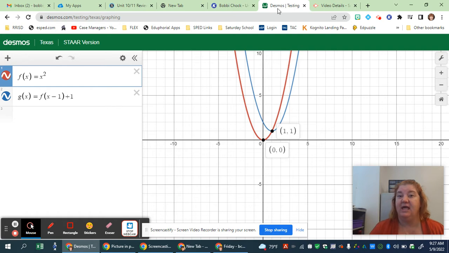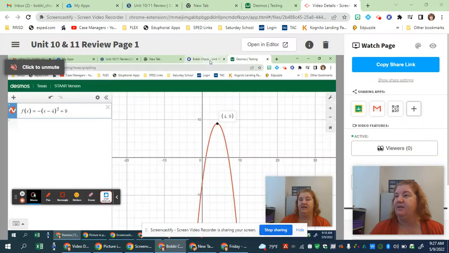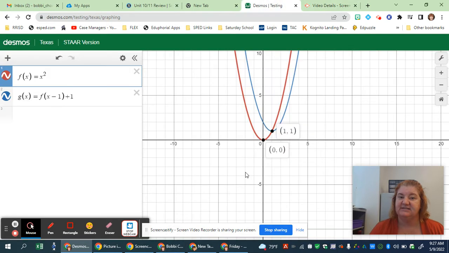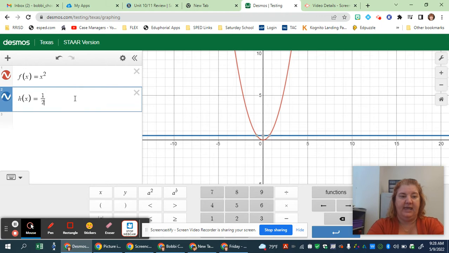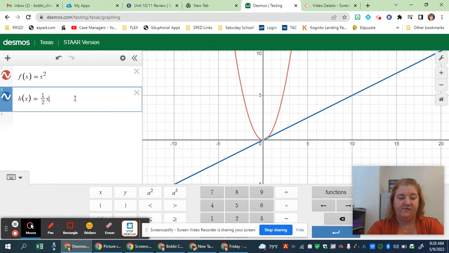Okay, so now we're going to do the next one. I'm going to throw it over there so I can just see it here. The next one we're going to call h of x, and it's 1/2 of x squared.